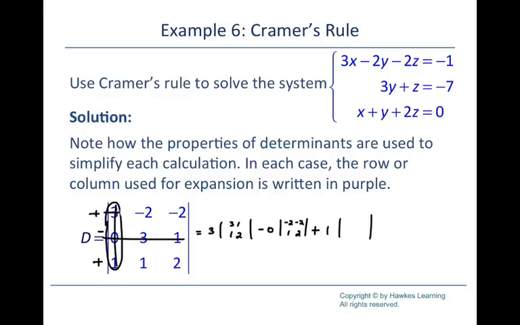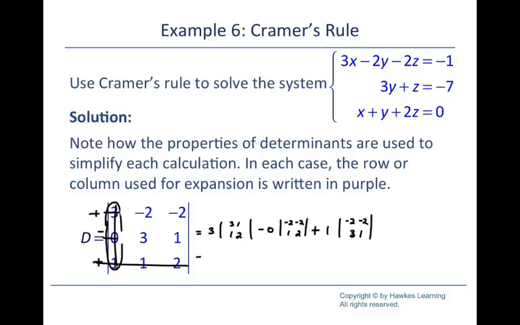And the minor for the 1, we'll mark out the first column and the bottom row to get the minor that goes with the 1, which will be negative 2, 3, and 1.